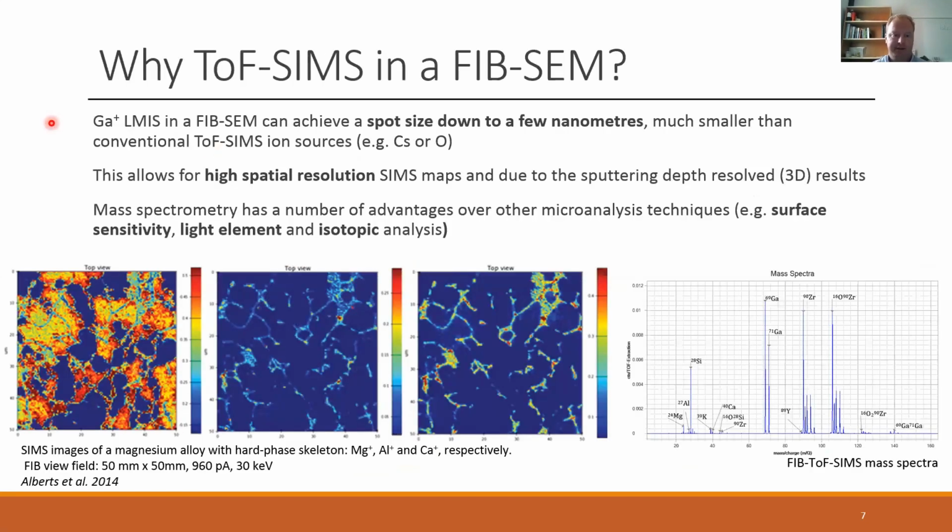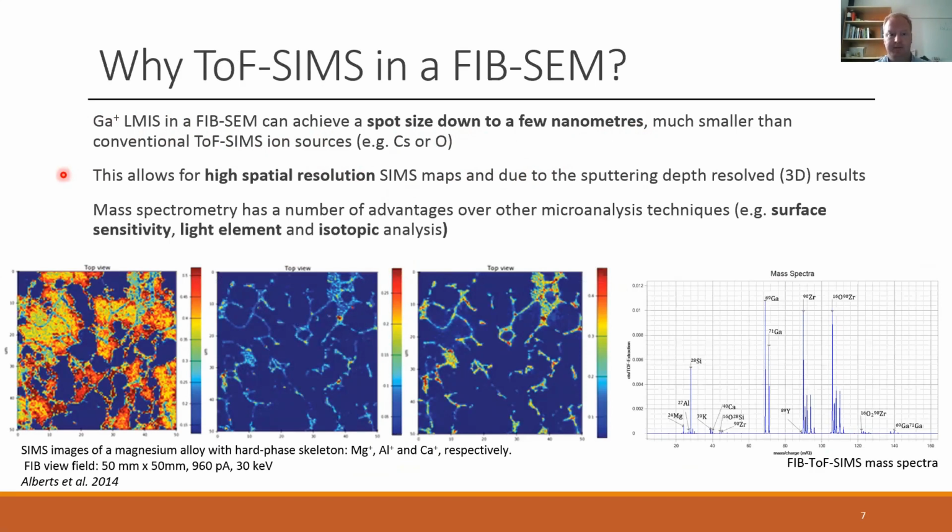As I just mentioned, the gallium liquid metal ion source can generally achieve smaller probe sizes than some conventional SIMS ion sources such as cesium and oxygen. And so that allows us to produce elemental maps with very high spatial resolution.